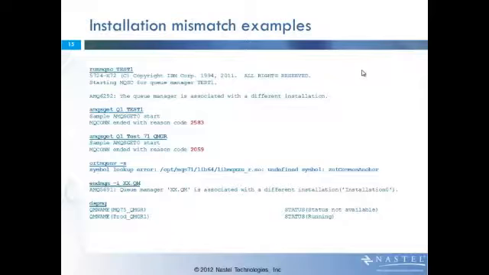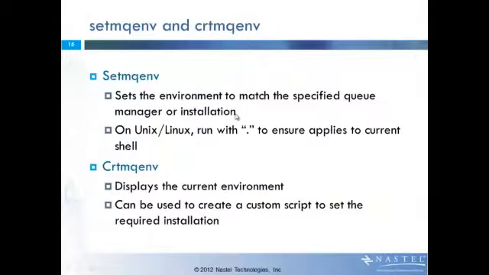So again, you want to always try to run with the 7.1 or higher libraries as your primary libraries because you're going to get the most information, and typically they'll support both 7.0 as well as 7.1 and 7.5. Now how you do that is with the setmqenv command. The setmqenv command basically sets the environment to match the queue manager or the installation that you need.